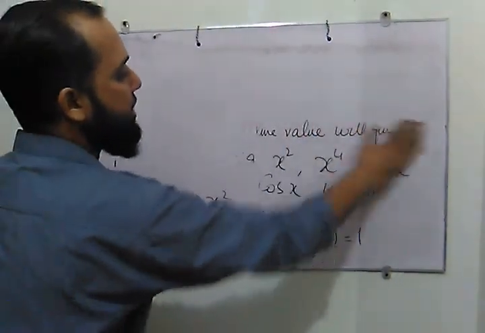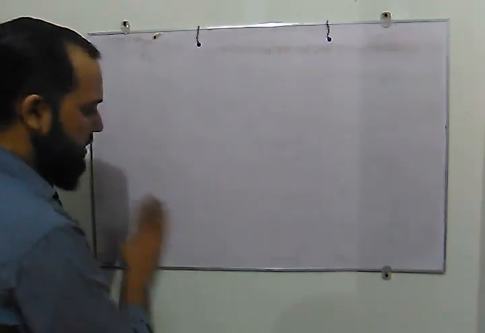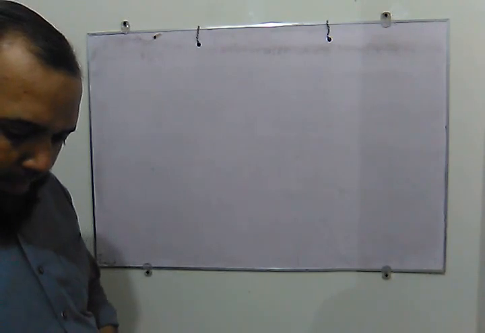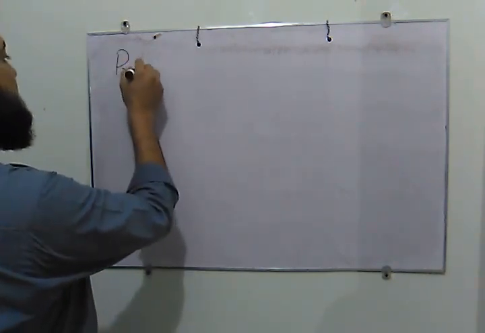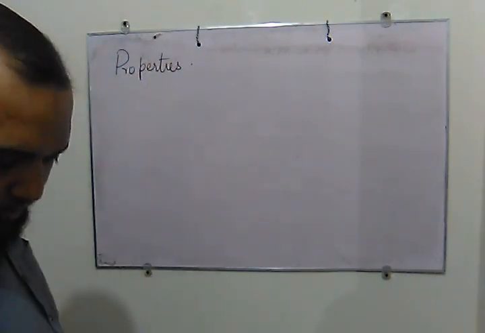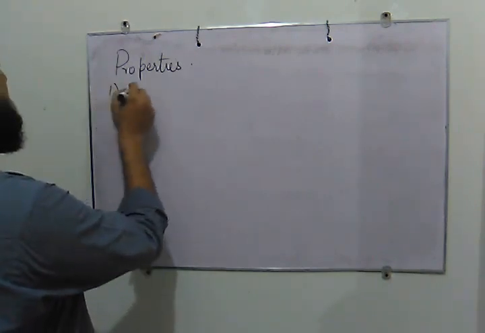Why are we differentiating the even and odd functions? Because it is easy to solve a Fourier series question because we have the properties. The properties are: the product of two even functions will give an even function.